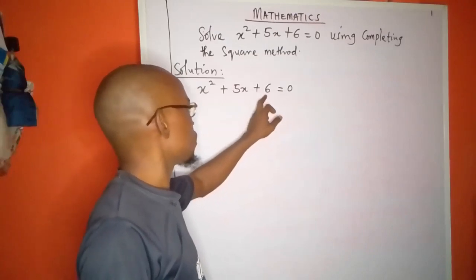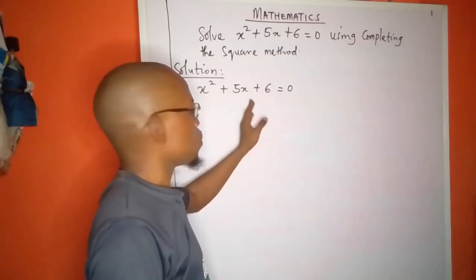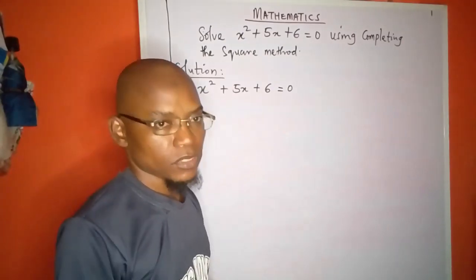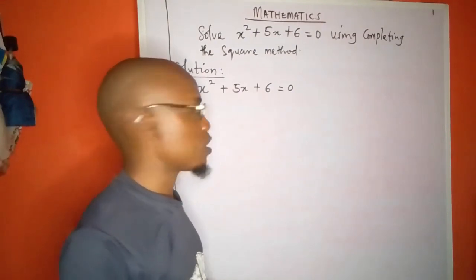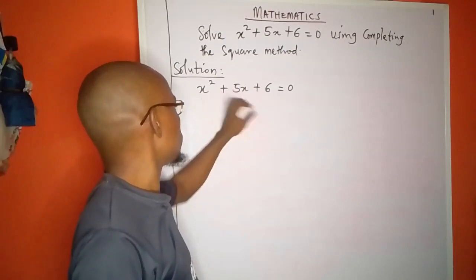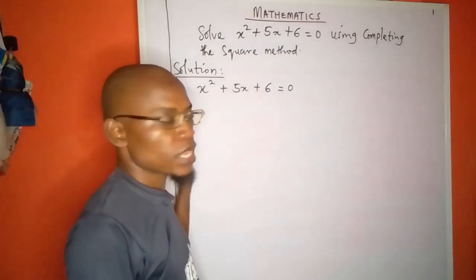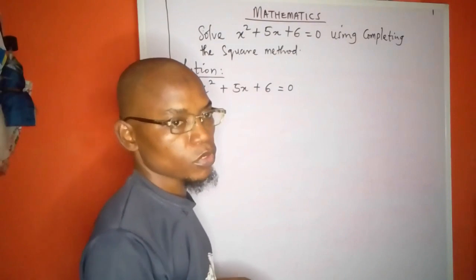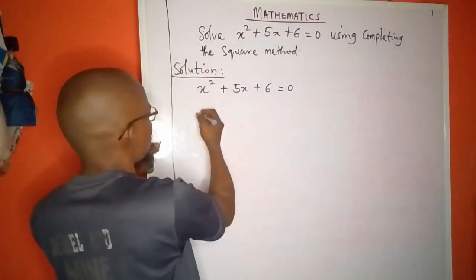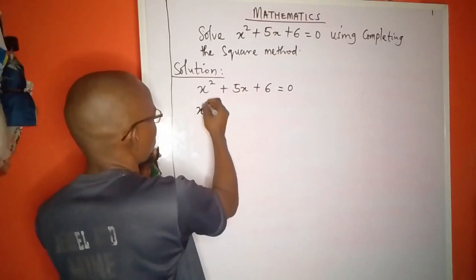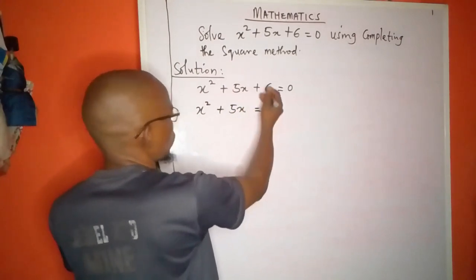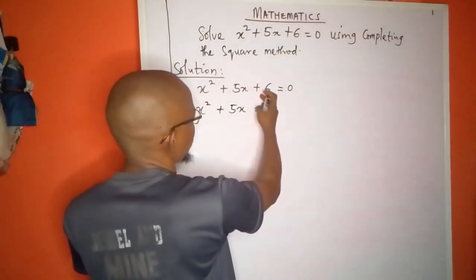We ensure that we collect like terms, which means the terms with the variable x will be on one side, while the constant will be on the other side of the equal sign. So we now have x squared plus 5x equal to, this is plus 6.